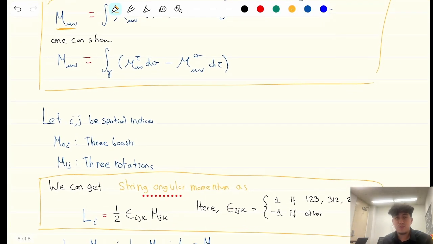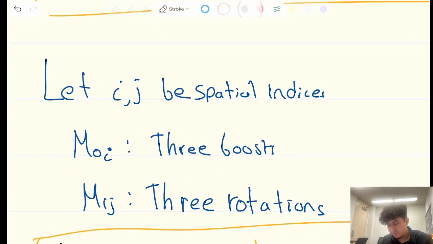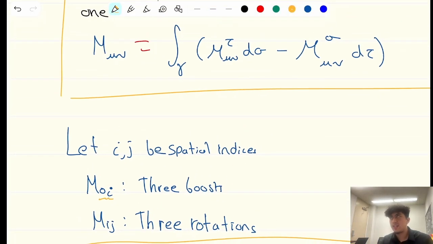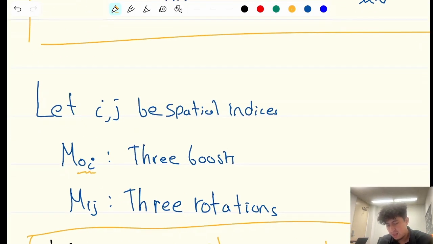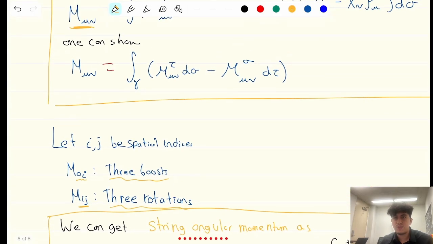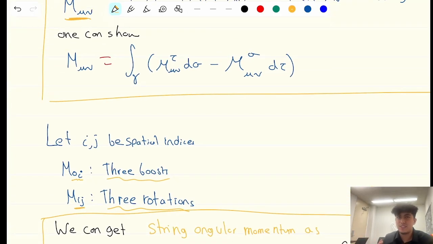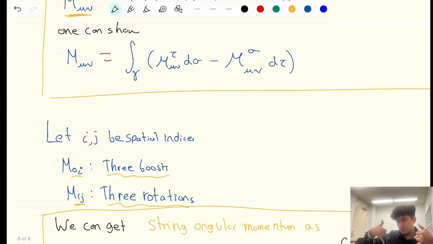The important part, what these charges mean physically, is that if you take the 0 to i charges, which is basically the first row of your Lorentz charges matrix, these are the 3 boosts, and ij are the 3 rotations. So as we knew already, Lorentz transformations are just 3 boosts and 3 rotations, and all the other components of this 16 by 16 matrix are just repeated from these 6 components.